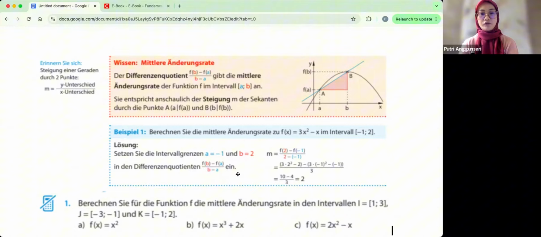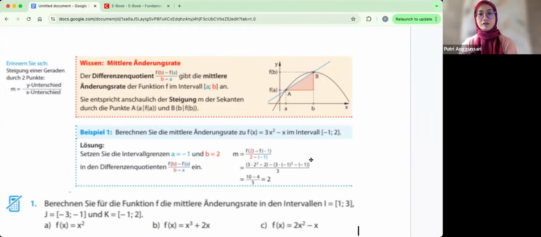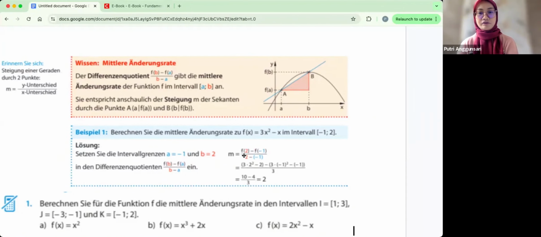Using the difference quotient formula, we plug in the numbers. So m will be f(2) minus f(minus 1) out of 2 minus, inside the parenthesis, minus 1. After that, we just calculate the numbers. Since f(x) is 3x squared minus x, we plug into this formula: 3 times 2 squared minus 2, the same as the formula.